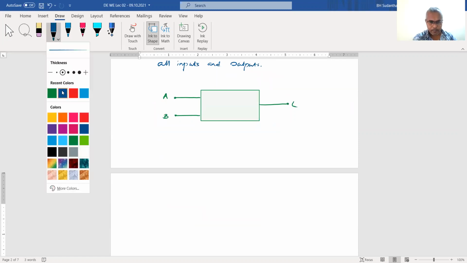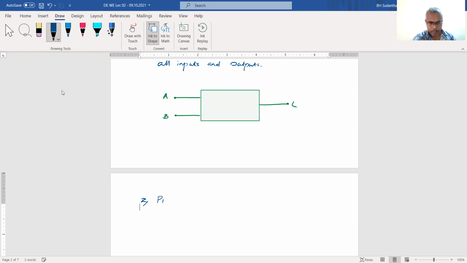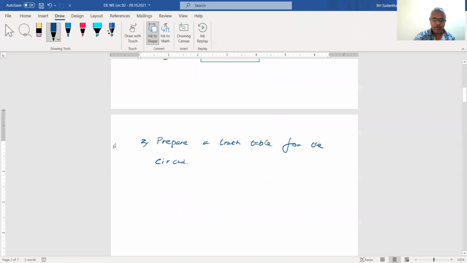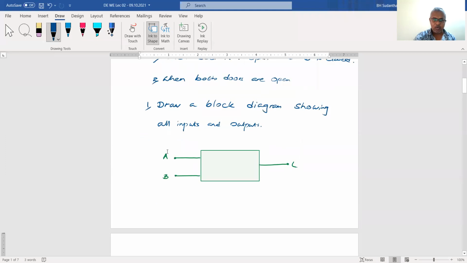Second step: prepare the truth table for the circuit, for the problem, for the system, or whatever it is. To prepare the truth table, we have to include columns for these inputs and outputs.